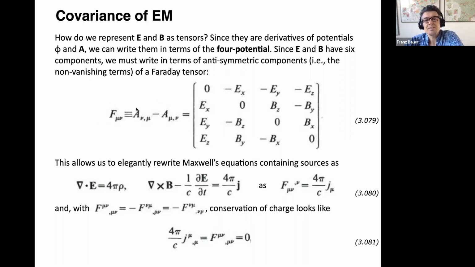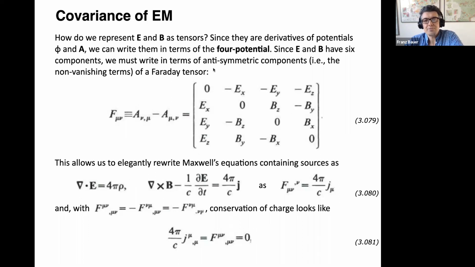We developed this thing called the Faraday tensor, which is the difference between the contravariant and the covariant potential.